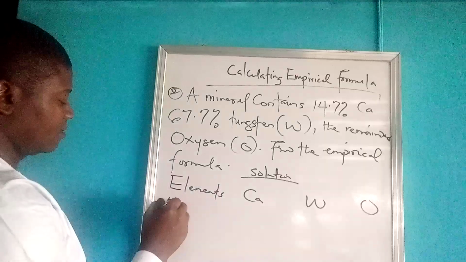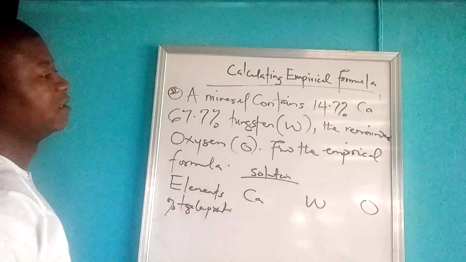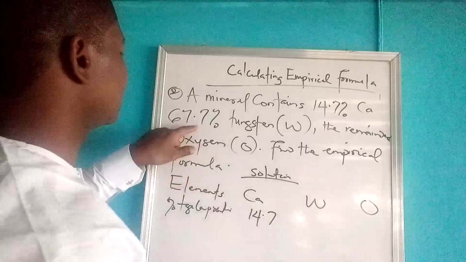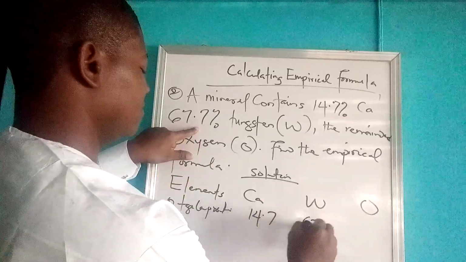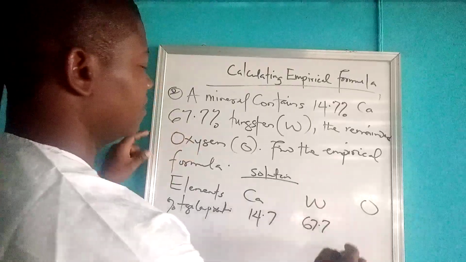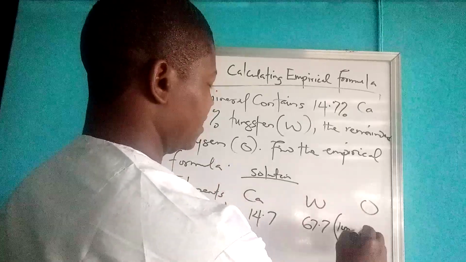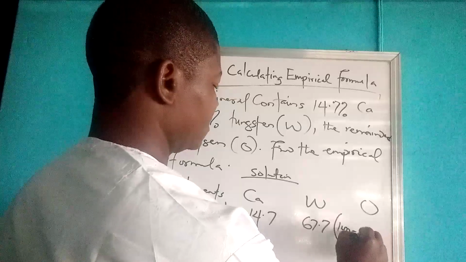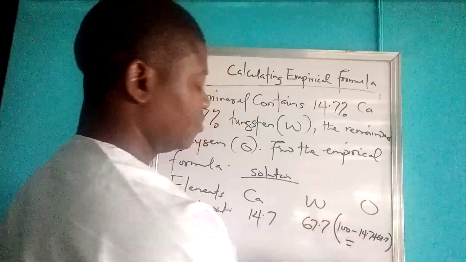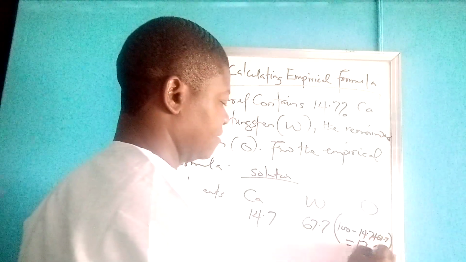Their percentage composition: calcium is having 14.7%, tungsten is having 67.7%, while oxygen is going to be 100 minus 14.7 plus 67.7, and that is going to give us 17.6.